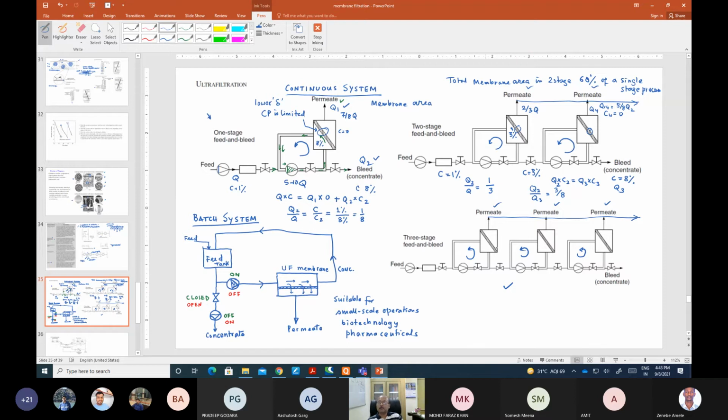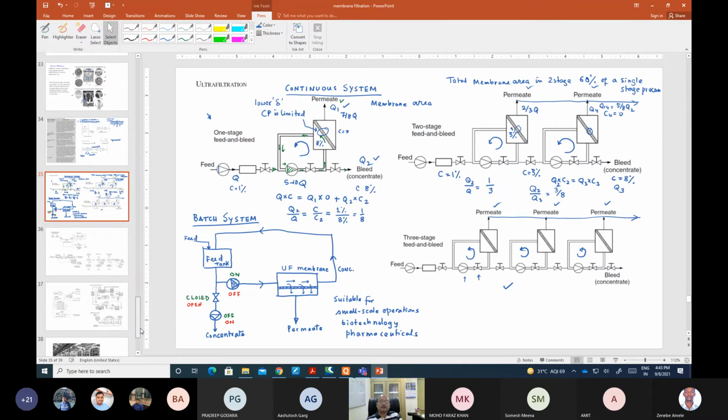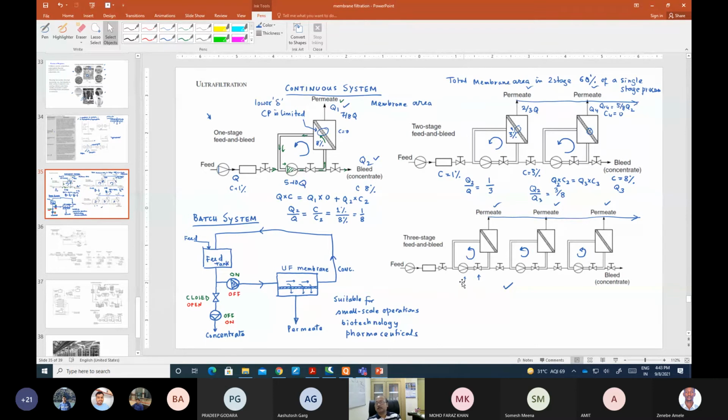So if you save on the membrane prices, but you are also putting a lot more into infrastructure, like pump price and valve price, and the operating cost is a little more because the energy requirement is higher. So there is a trade-off, but you can safely add 3 or 4 stages, and this is how ultrafiltration membranes normally work.